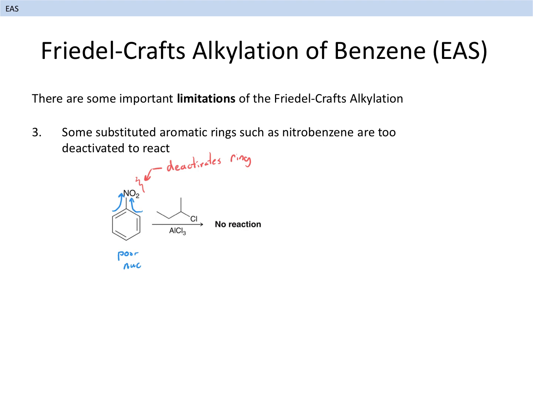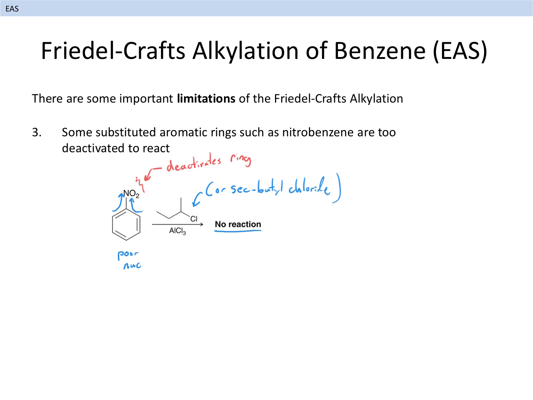As a result, when nitrobenzene is treated with an alkyl halide like isopropyl chloride, in the presence of aluminum chloride, no reaction occurs. This limitation highlights the importance of the electronic nature of substituents on the benzene ring in determining the feasibility of Friedel-Crafts alkylation.